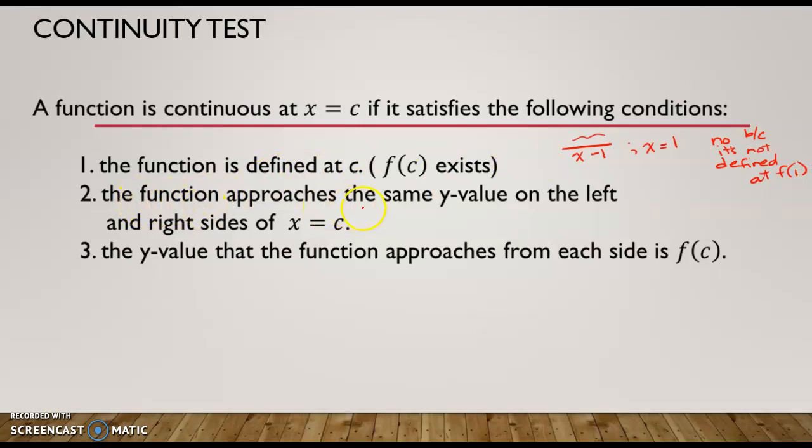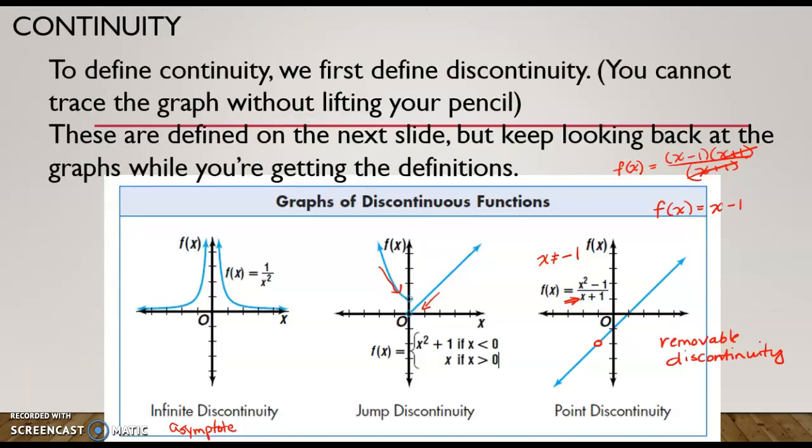The function approaches the same y value on the left and right sides of x equals c. So, for instance, that graph that we had at the beginning, it came down here and then was going this way. It was undefined. It was at two different points. This is approaching 1 because that point is 0, 1. So the graph is approaching 1 as it goes this way.